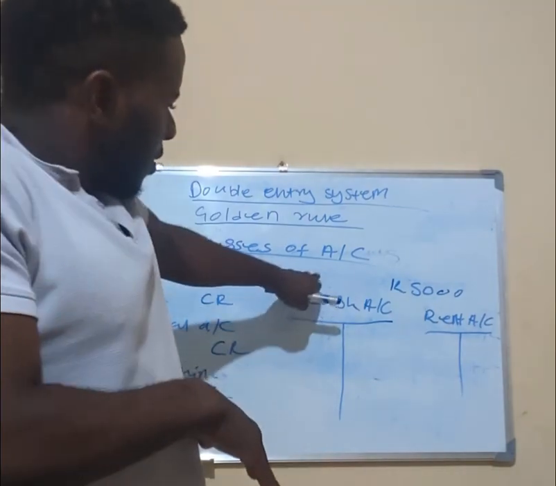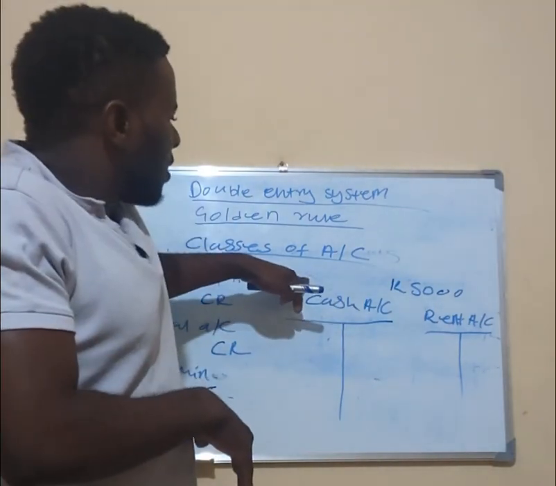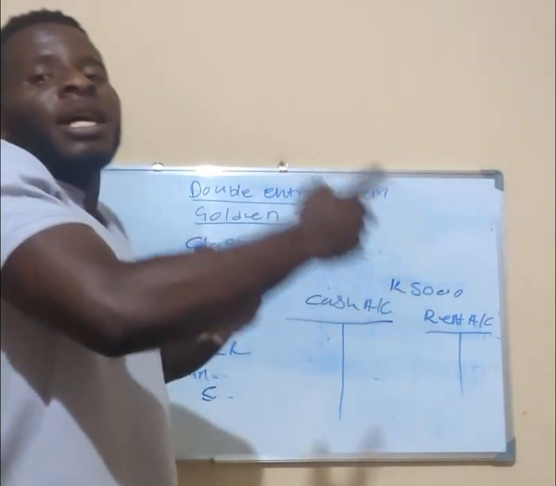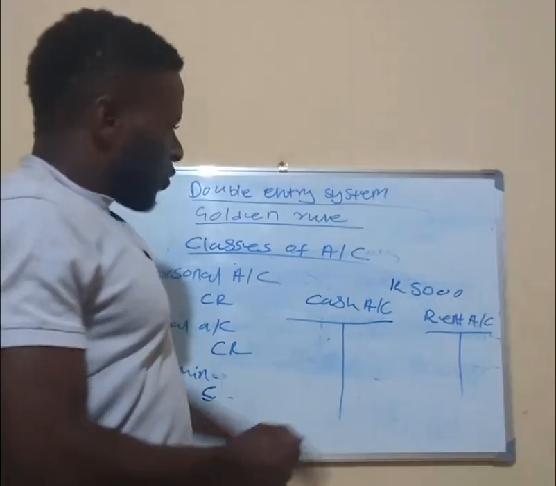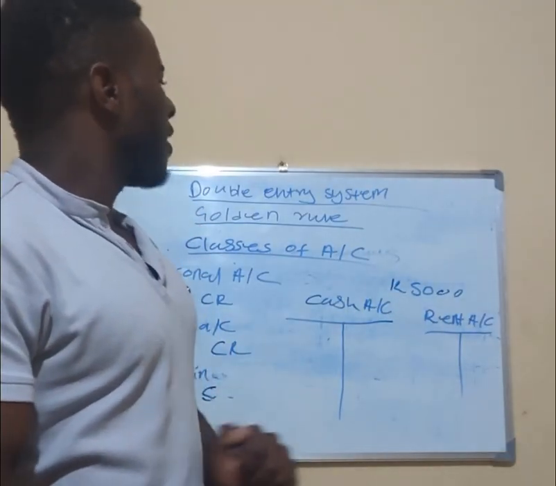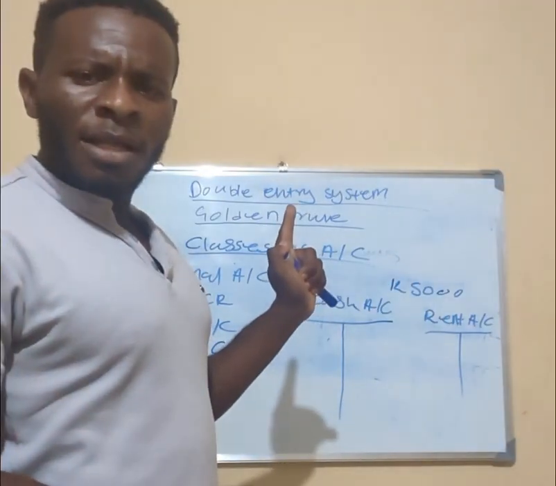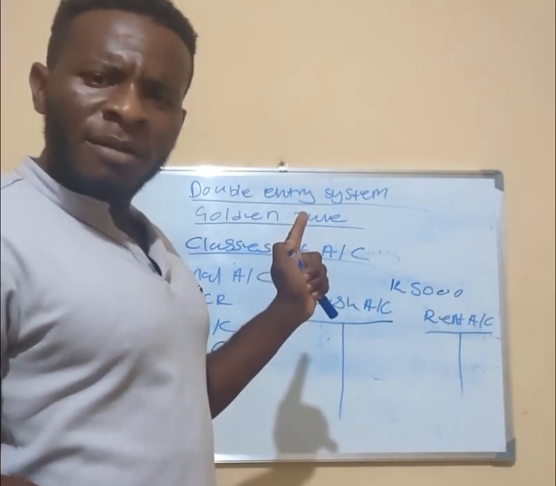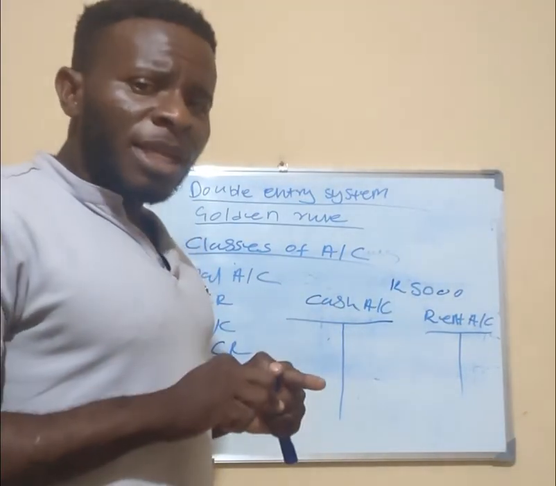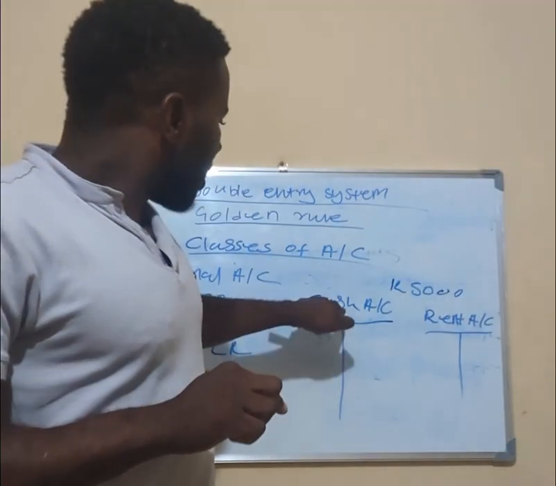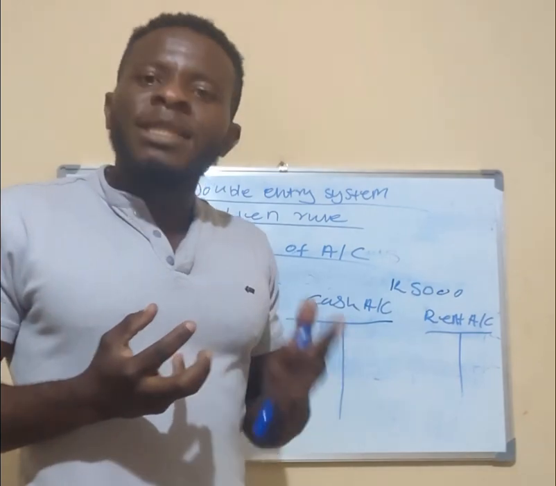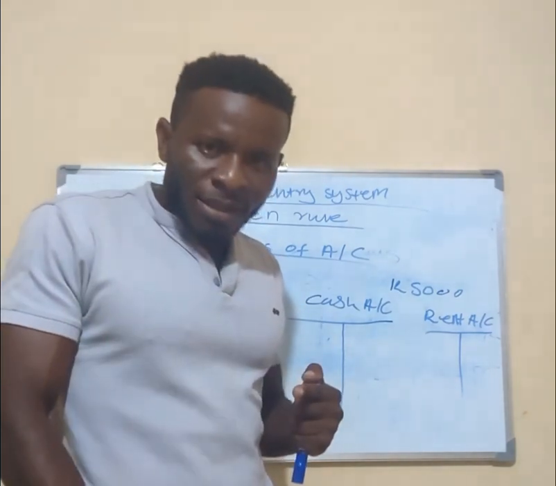So in this question, when you say paid rent by cash, there's an account which is giving, there's also an account which is receiving. So paid rent of that amount, 500 kwacha, by cash, the cash account is the one which is giving. Now, let me take you back to the classes of accounts. Cash account is an asset, and it falls under real accounts.